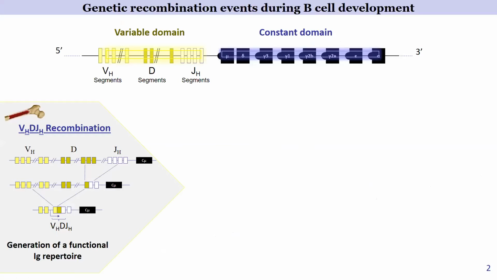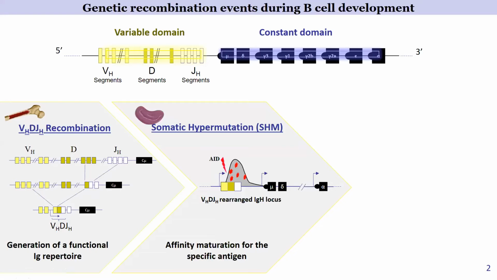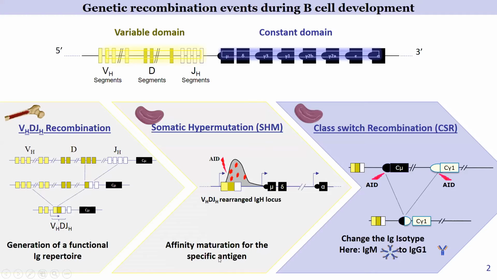They must undergo a series of rearrangements so that the B lymphocyte can express a complete functional immunoglobulin, starting with the VDJ recombination, which leads to the generation of a functional immunoglobulin repertoire, followed by somatic hypermutation, known as SHM, which occurs at the mature B cell stage and consists of point mutations that lead to affinity maturation toward a specific antigen, and the class switch recombination, known as CSR, which also occurs at the mature B cell stage to change the immunoglobulin isotype, here from an IgM toward an IgG1.